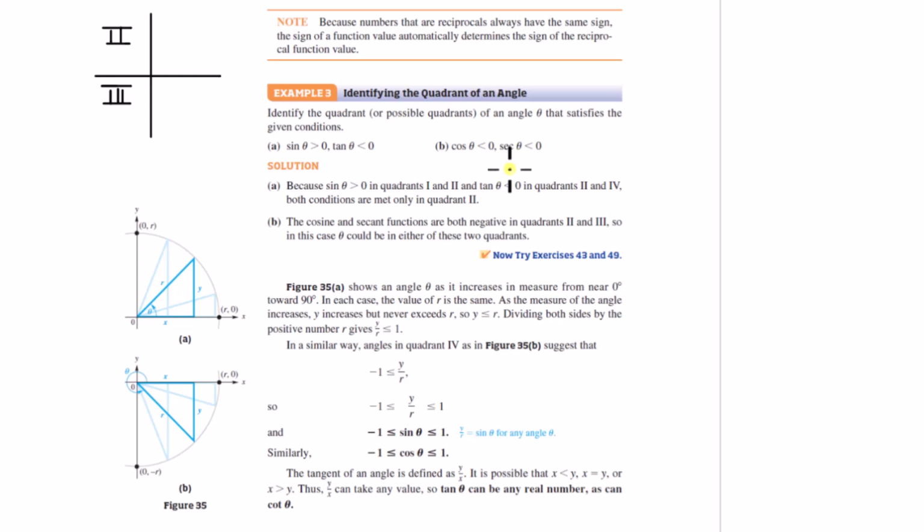Now, secant is the reciprocal of cosine, and secant will always be negative if cosine is negative. So actually, we haven't gotten any extra information here. This requirement just automatically made this a requirement. Like here, we had sine theta is greater than 0, but that didn't mean that tangent theta had to be less than 0. That was an additional constraint. Here, these are redundant. Adding this is redundant because this fixes this, so we don't know if it's 2 or 3.